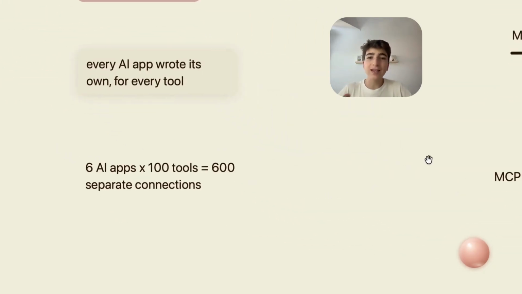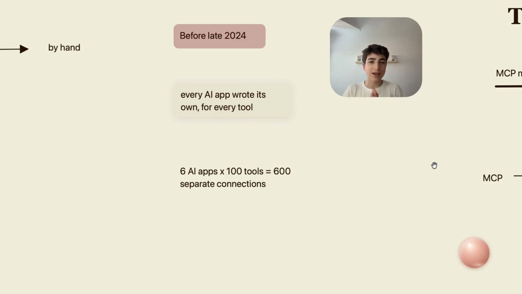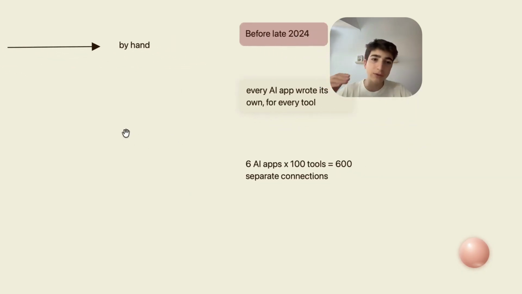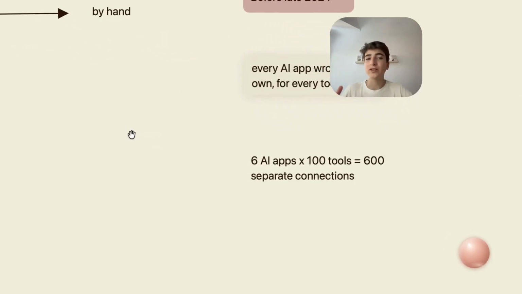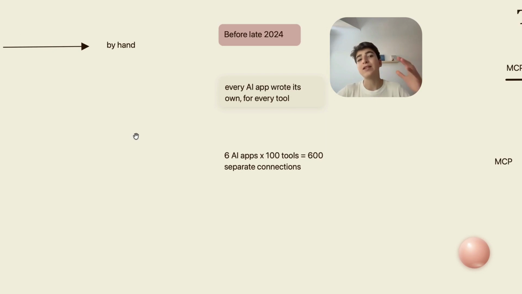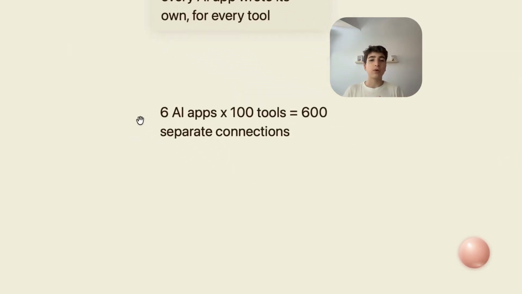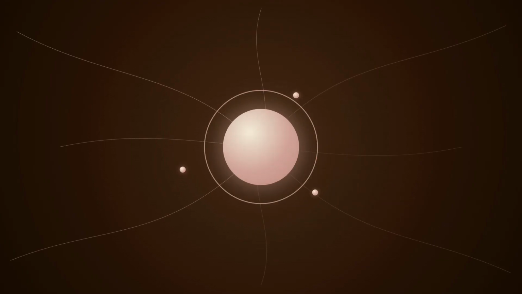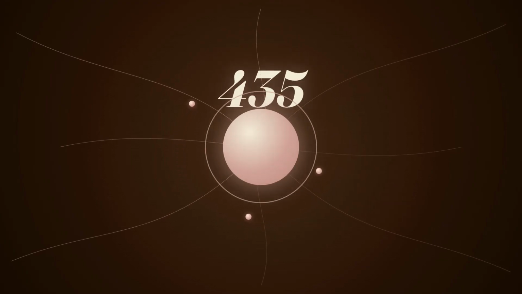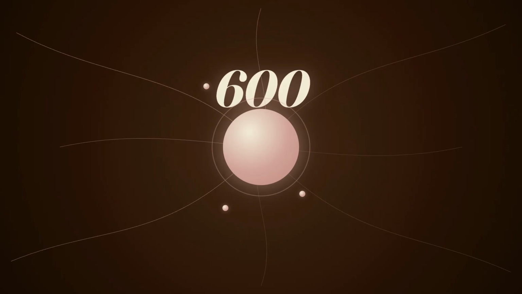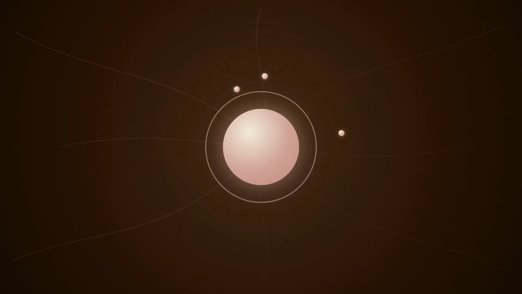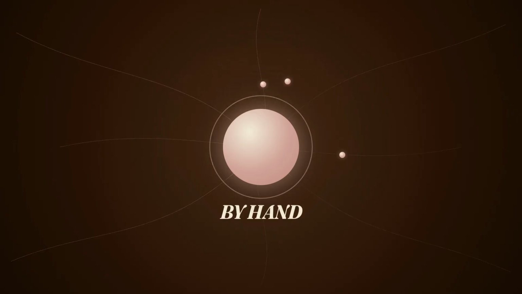Before late 2024, every AI app wrote its own code for every tool, for example to connect to Gmail so the chatbot could send emails. So if you had six assistants and 100 tools each, that's 600, not a number MCP invented, a number someone paid for, wiring every single pair by hand. Change one tool's API and all 600 break separately.